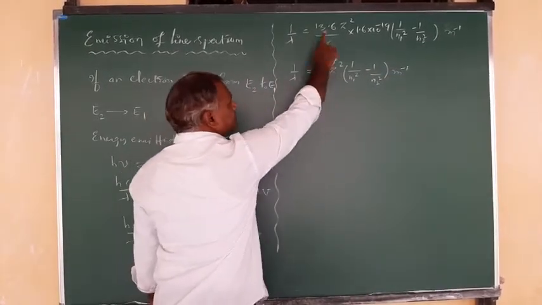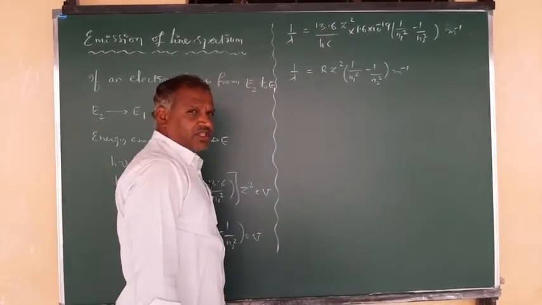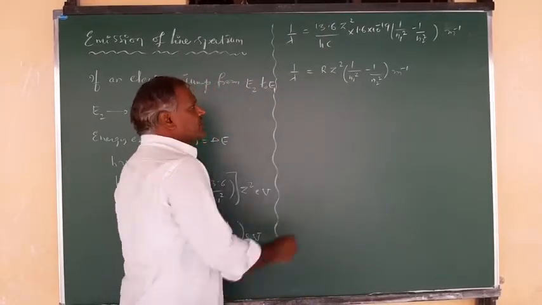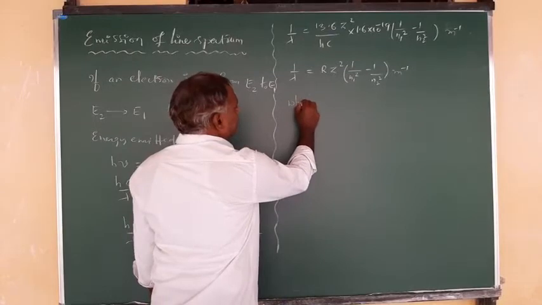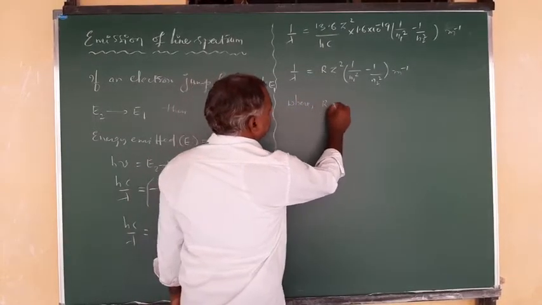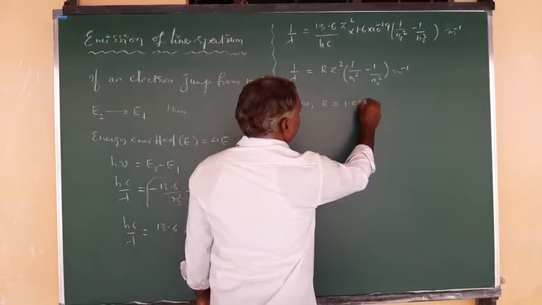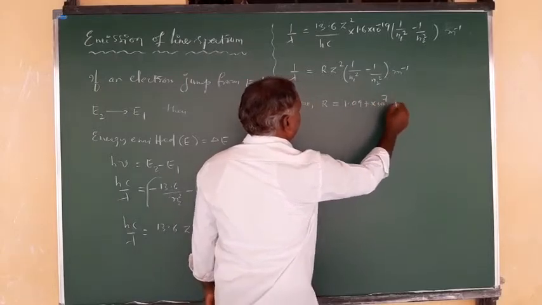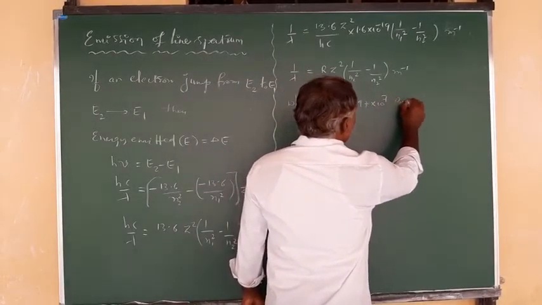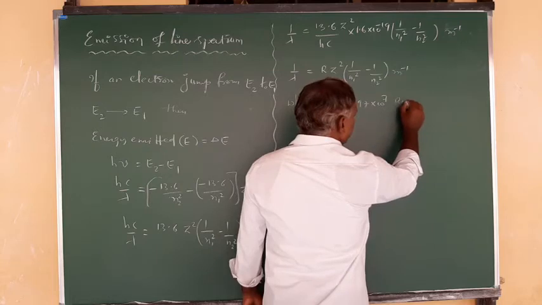Here R is the constant value obtained once simplified, which is nothing but the Rydberg constant, where R is equal to 1.097 into 10 power 7.